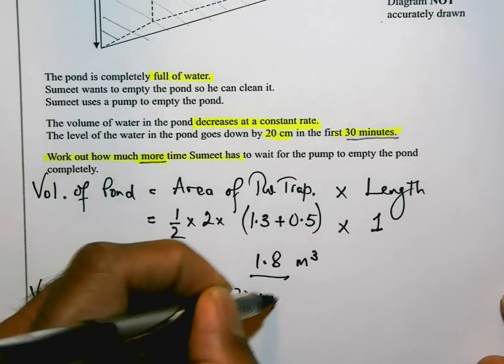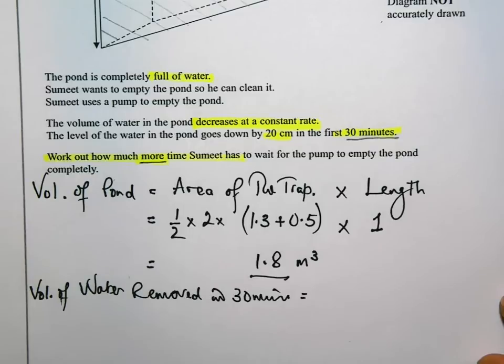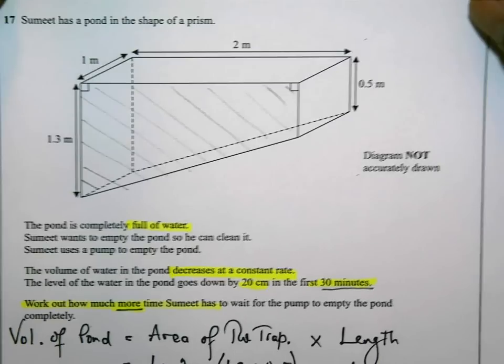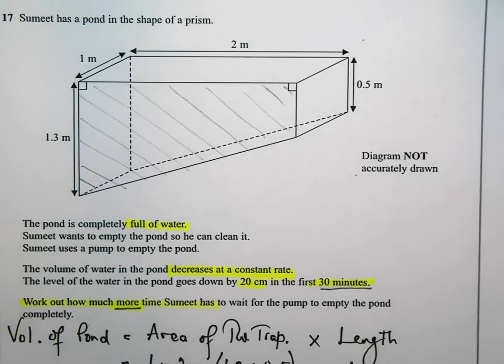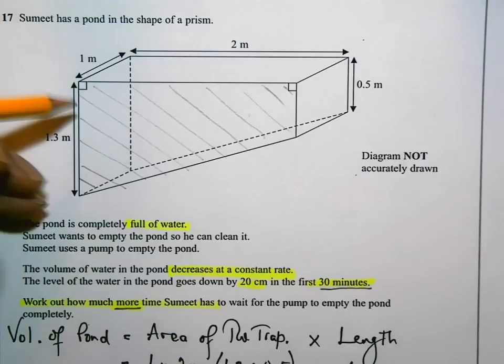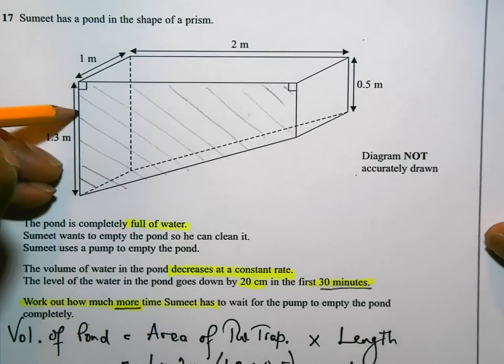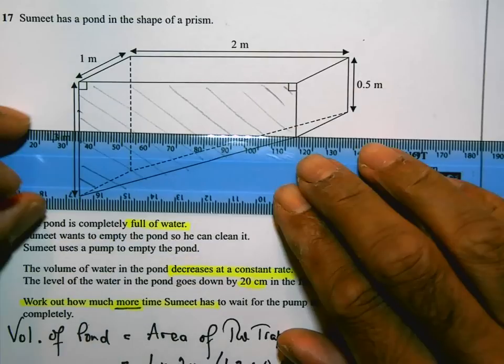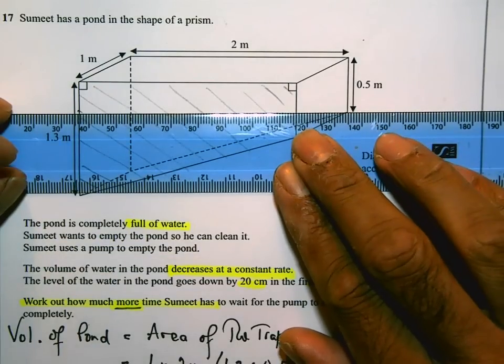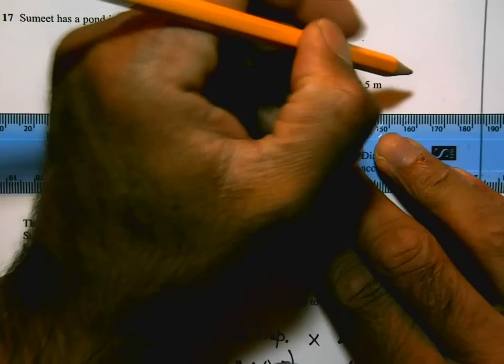So if I think about this, the level of the water in the pond goes down by 20 centimeters. Now remember, that there is 0.5 meters, that's 50 centimeters.